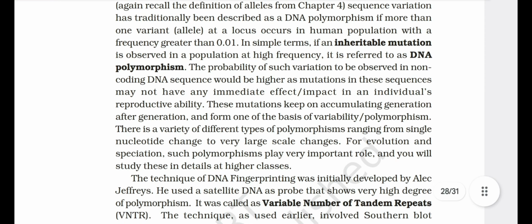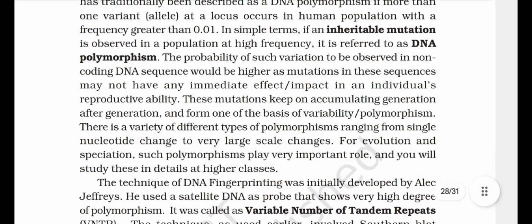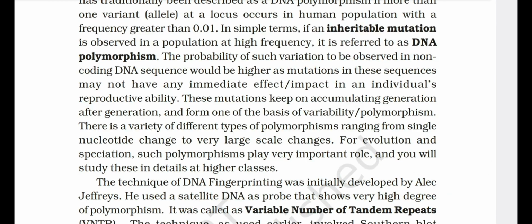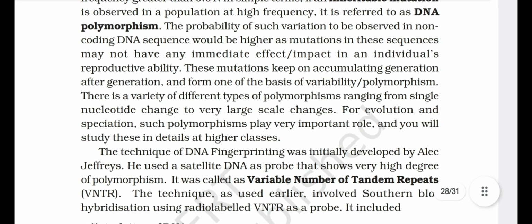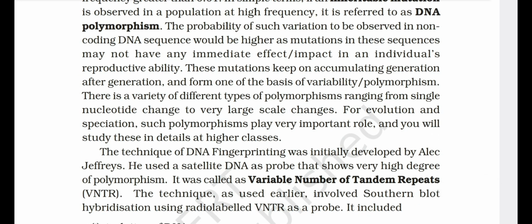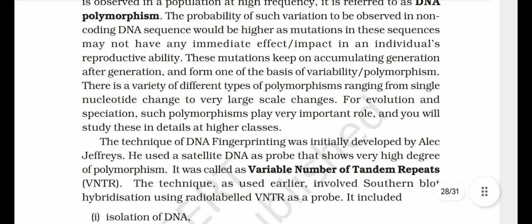The probability of such variation being observed in non-coding DNA sequence would be higher, as mutations in these sequences may not have any immediate effect or impact on an individual's reproductive ability. These mutations keep on accumulating generation after generation and form the basis of variability or polymorphism.